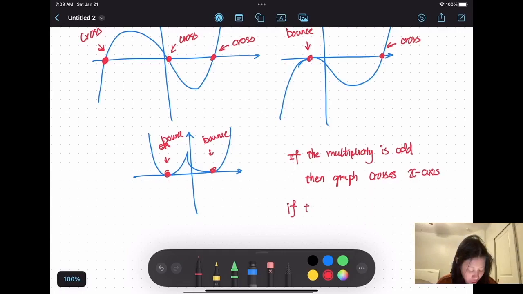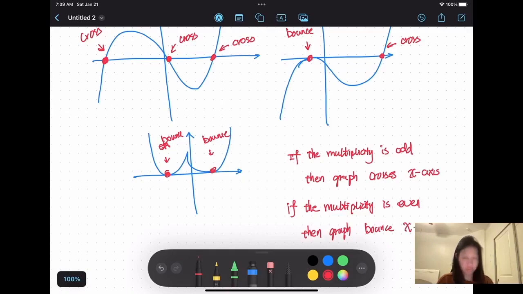If the multiplicity is even, then the graph bounces off the x-axis. So now we have all the tools that we need to graph our polynomial. But before then, I would like to show you more examples of how multiplicity works.